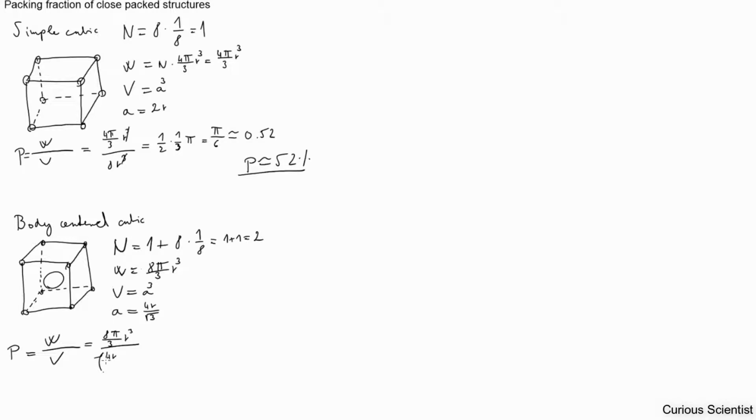So 4r over the square root of 3, to the third power, right? And we can immediately get rid of the r to the third power, and we are left with something like this. We see that 4 is to the third power and the square root of 3 is to the third power.